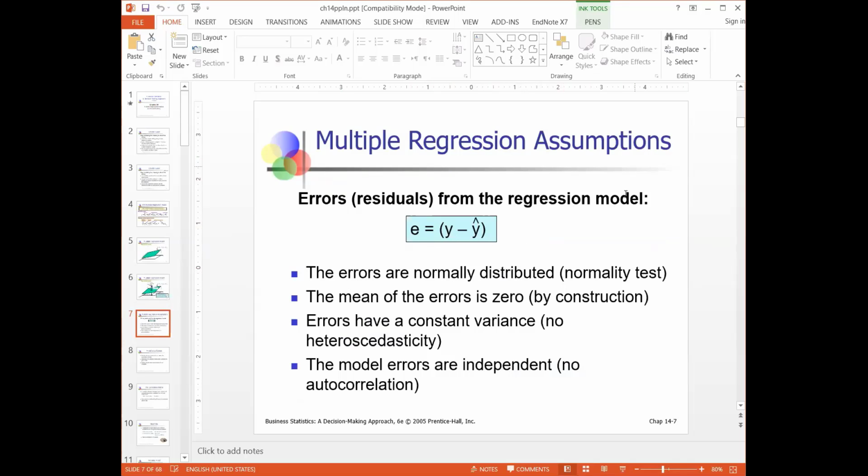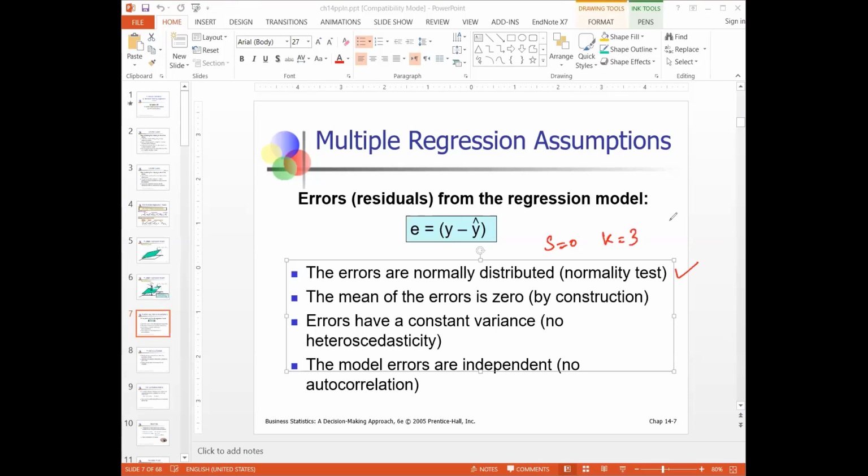So what are the properties? These are universal properties that you have to remember. The error term should be normal. We already discussed that the error term should have skewness equal to 0 and kurtosis equal to 3.